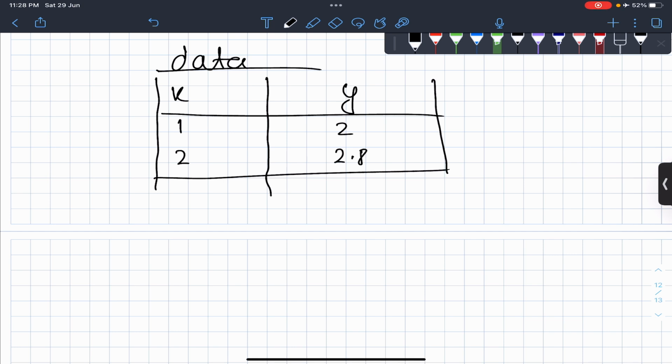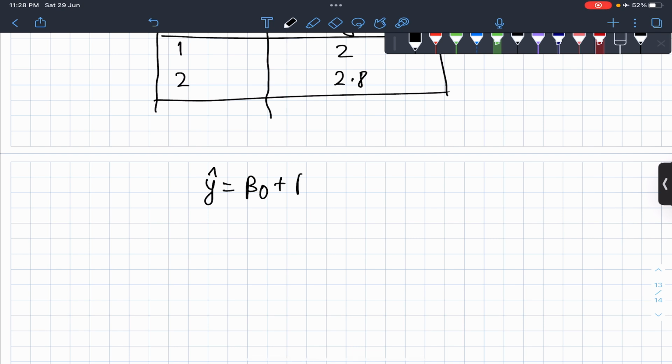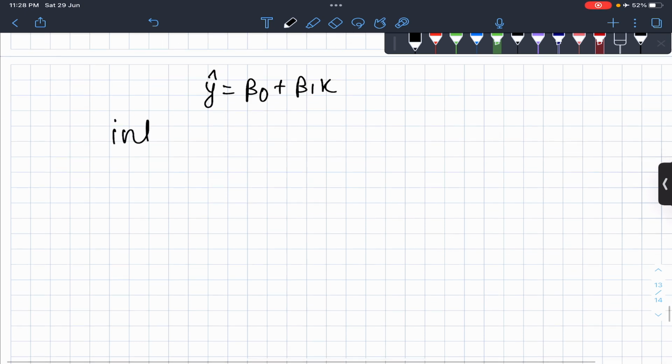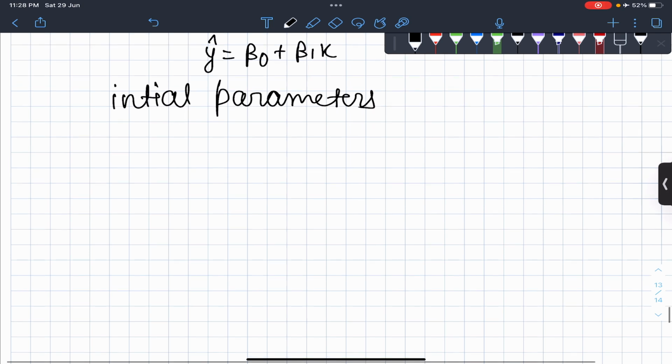So what we have here is y hat equals beta 0 plus beta 1 x. Now we will initialize our parameters.